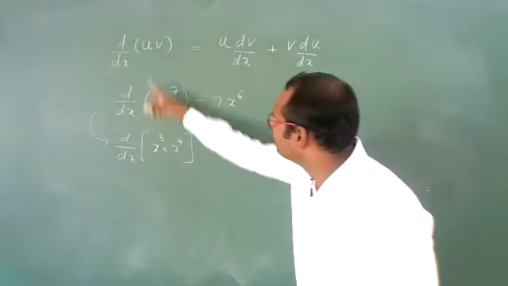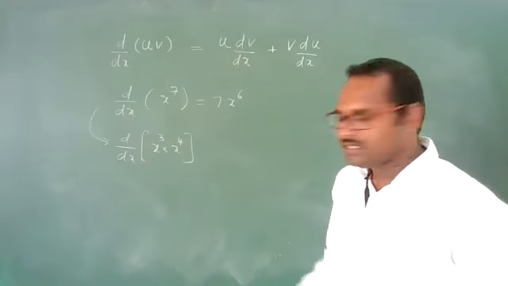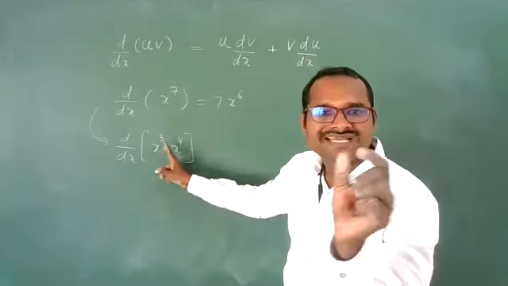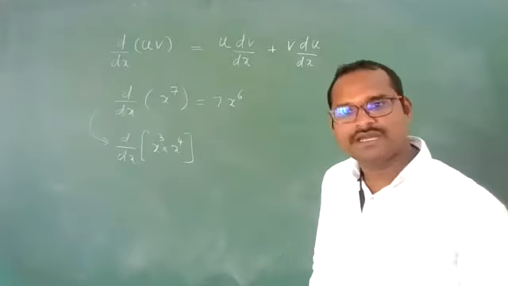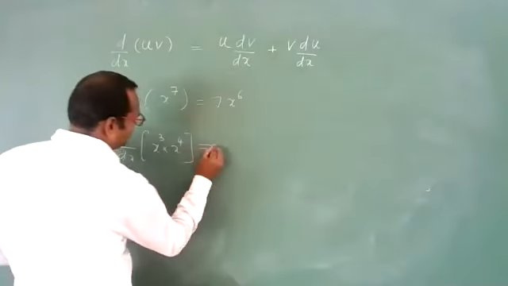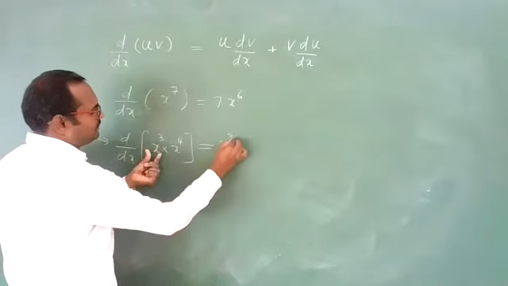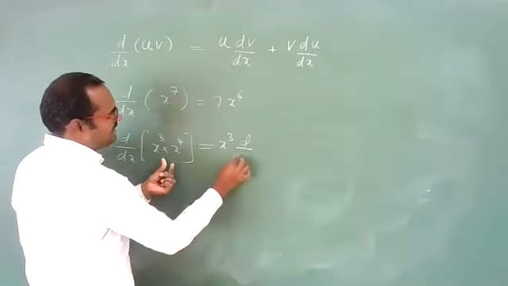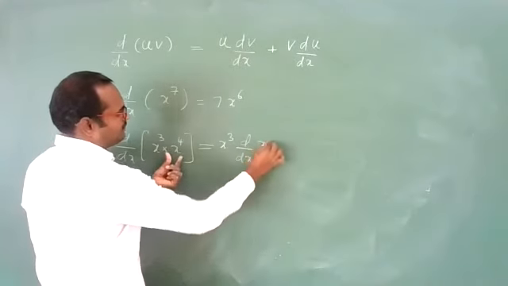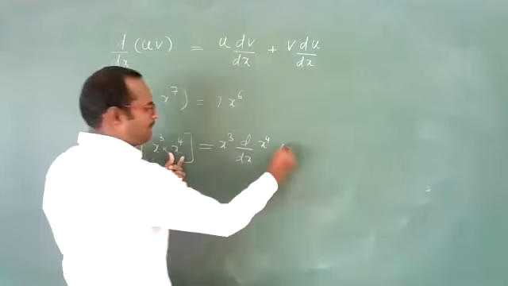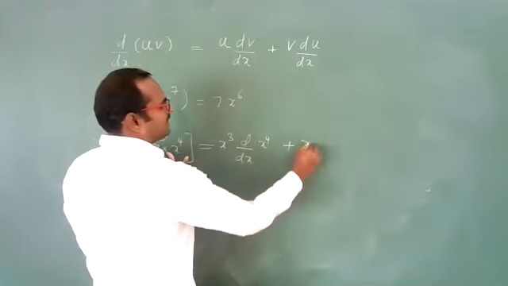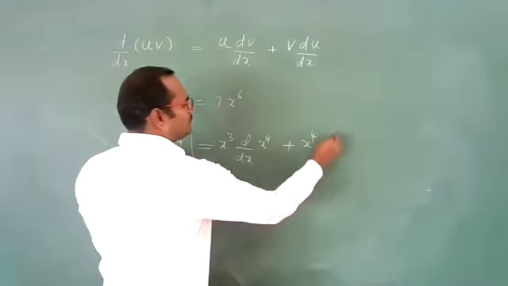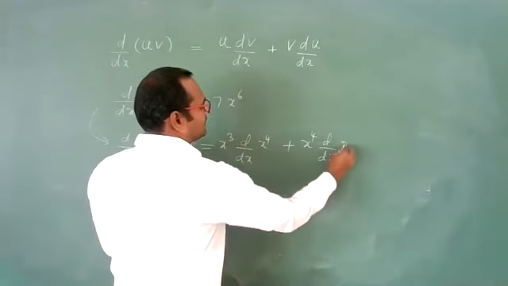Now you consider same uv. X power 3 you consider u, x power 4 you consider v. Apply. What you will get? U constant, x power 3 into d by dx of v, which is x power 4, plus v constant, x power 4 into d by dx of u, which is x power 3.